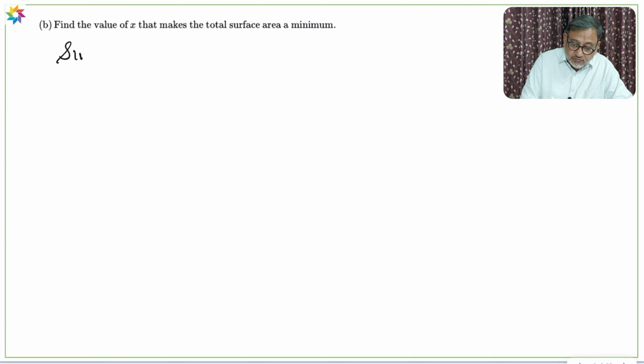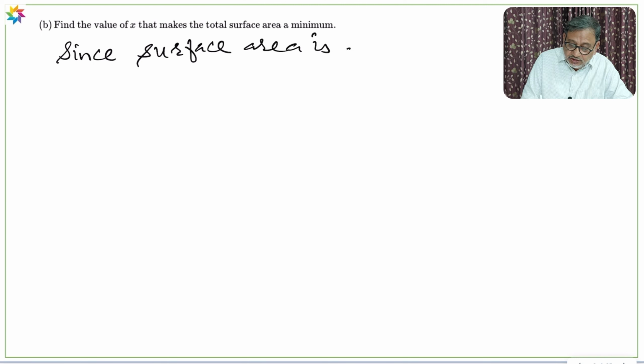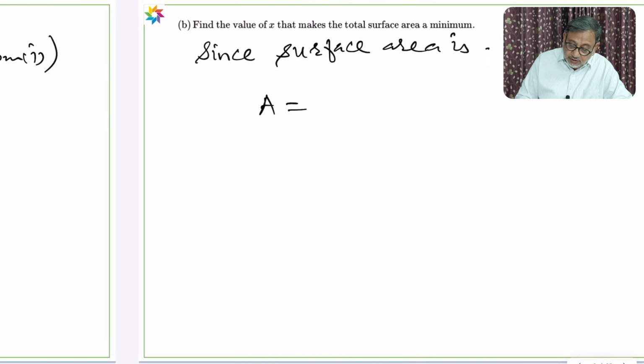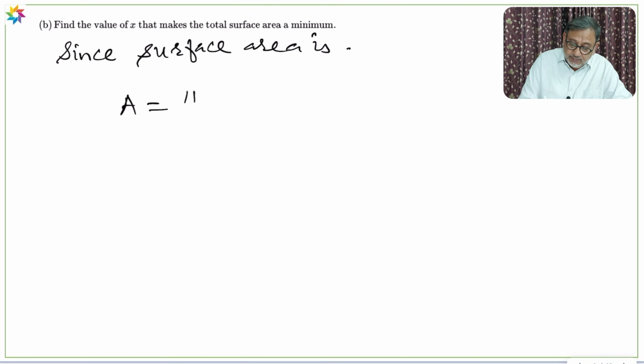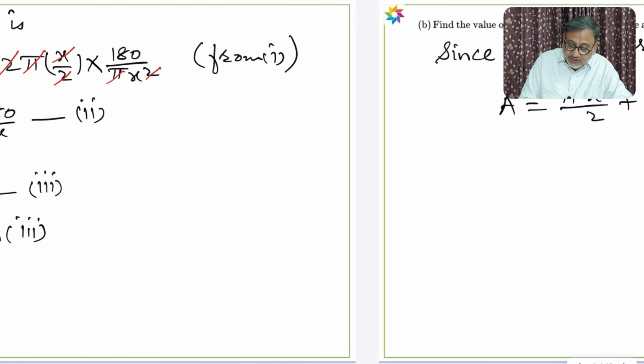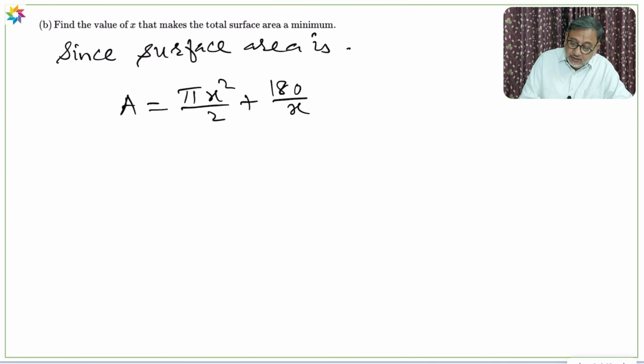Since surface area A is equal to, look here, we have the value of k now. So pi x square by 2 plus 180 by x, right? So using GDC, I will plot the graph, right?